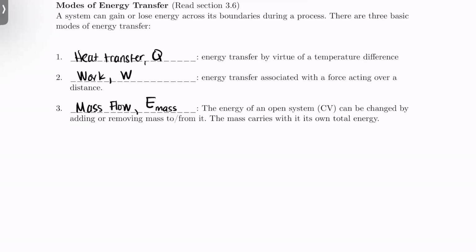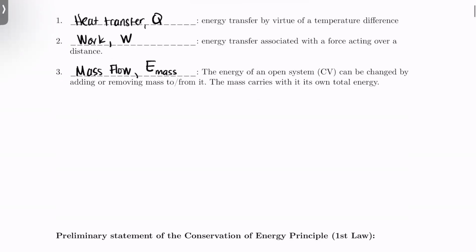So the energy of an open system can then be changed by adding or removing mass from it, because the mass is going to carry its own total energy. So as the mass comes in or leaves, then you're going to change the total balance of energy in that system. Does that make sense? Okay, so this is for open systems only.